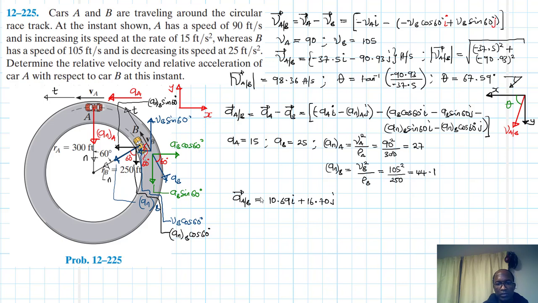So this is fine. Let's bracket this, and this is feet per second squared.